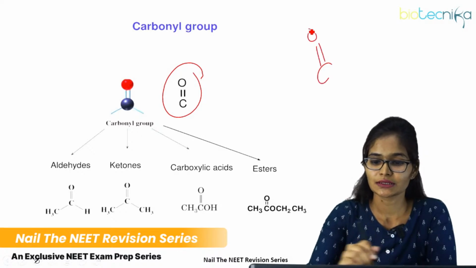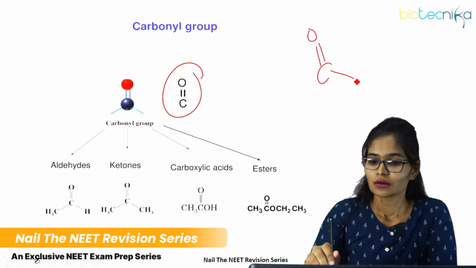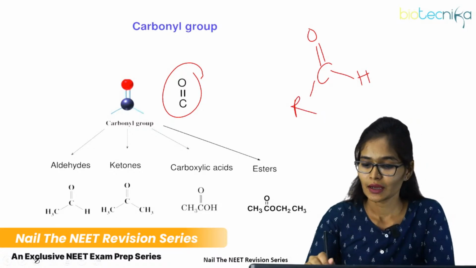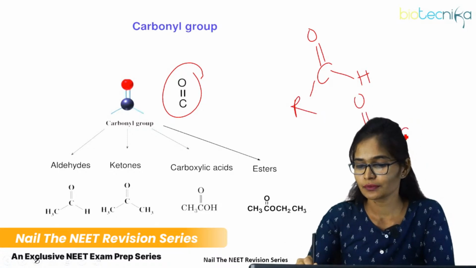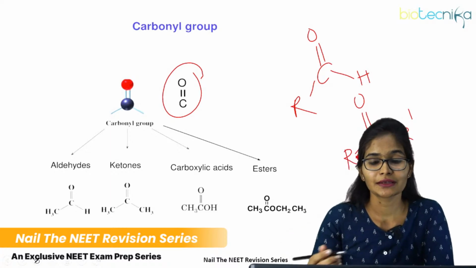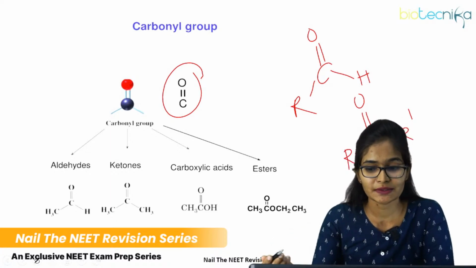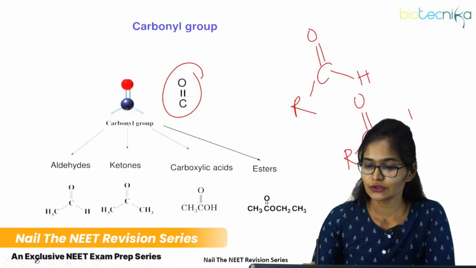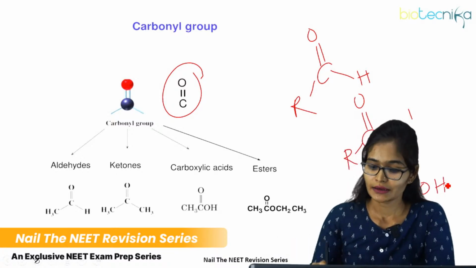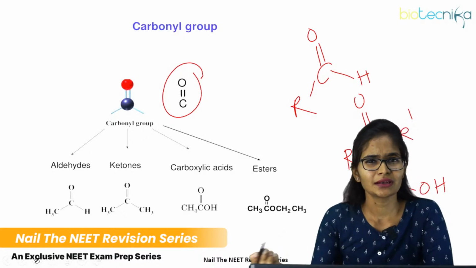Let me show you. One is aldehyde, where you will have one alkyl group, and the ketone, where you will have two alkyl groups. Apart from that, another functional group where the carbonyl group is present is the carboxylic acid, which has a hydroxyl group on one side and on the other side R dash, any alkyl or aryl group.